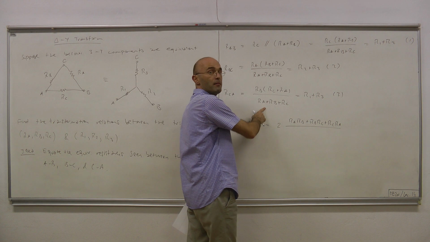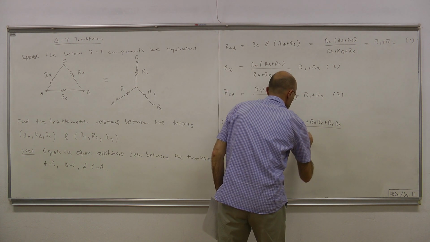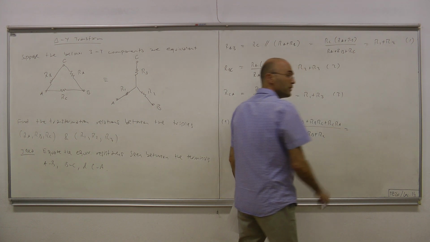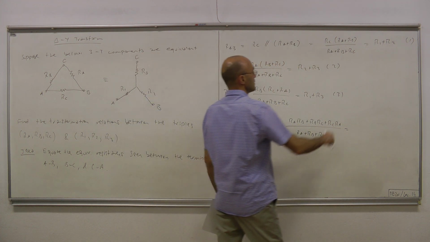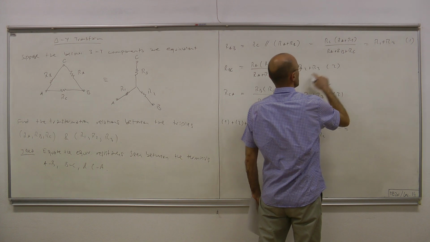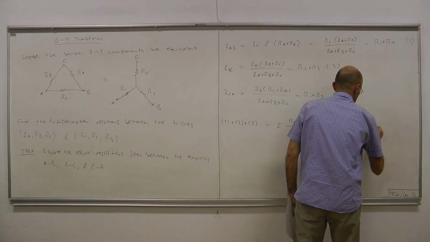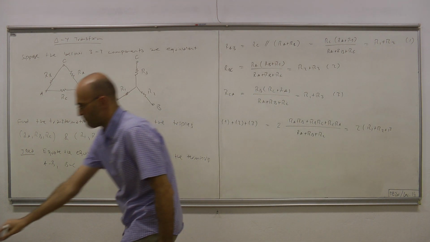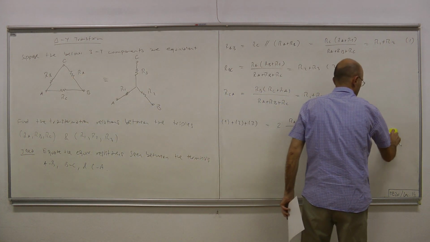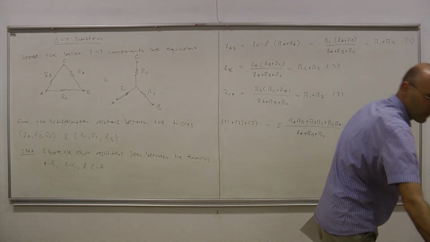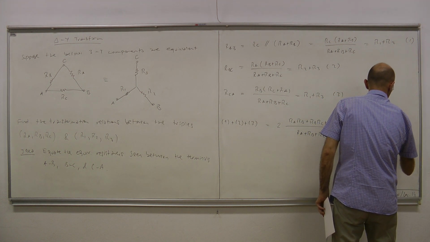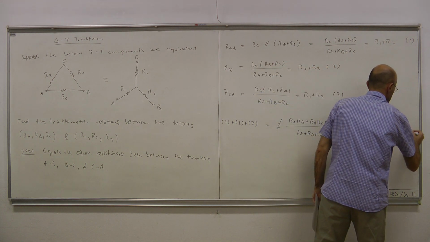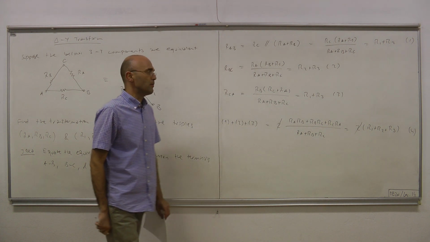Note that the denominators are the same, so all those are RA plus RB plus RC. And on the right-hand side we have 2R1, 2R2 and 2R3, so 2 times R1 plus R2 plus R3. These 2's nicely cancel. That gives us our equation number 4.